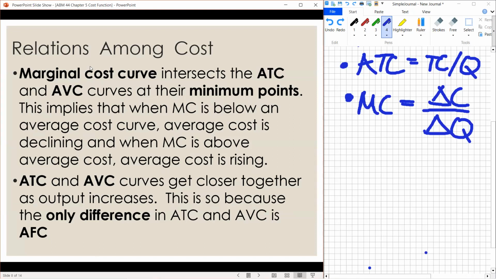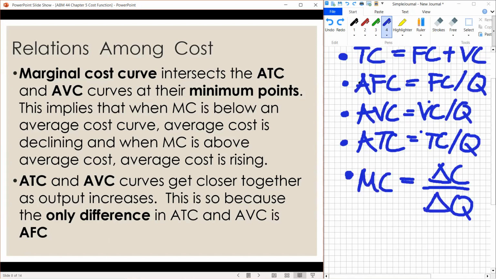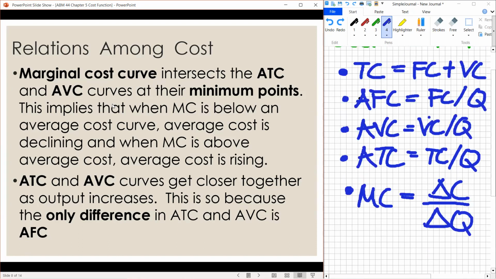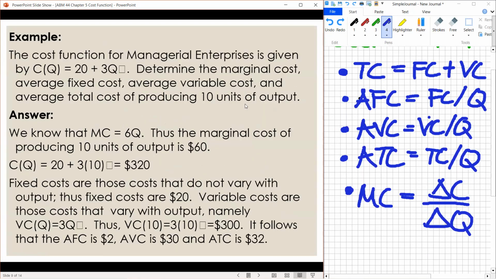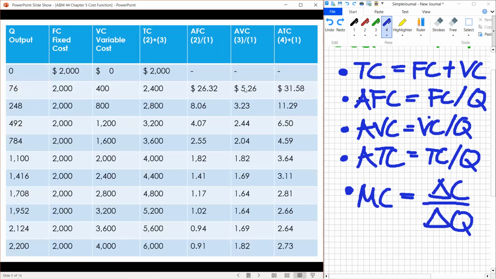Next is the relations among costs. So we have the marginal cost curve. They intersect the ATC, average total cost, and AVC, average variable cost, at their minimum points. So again, the ATC and AVC intersect.